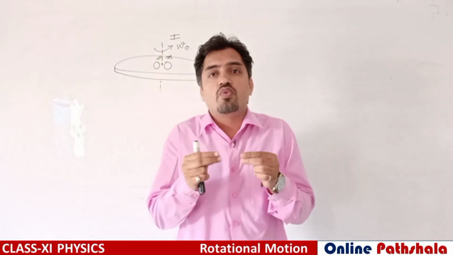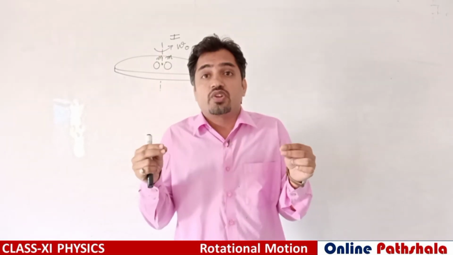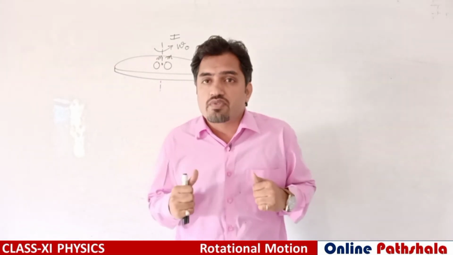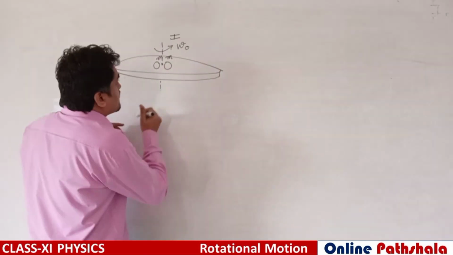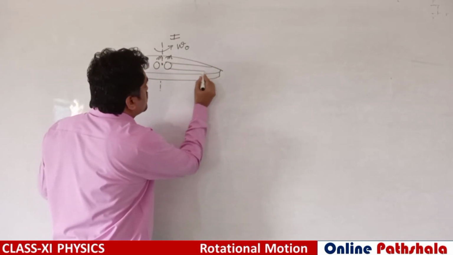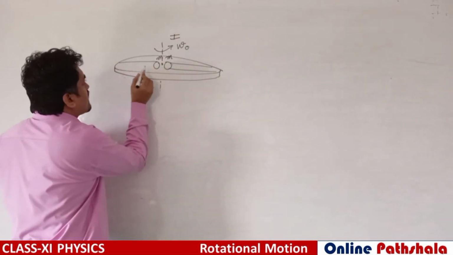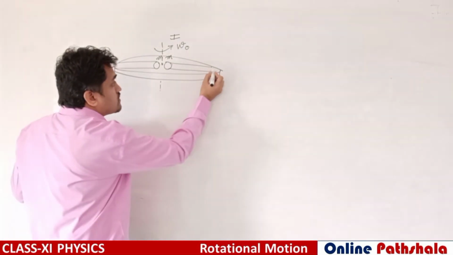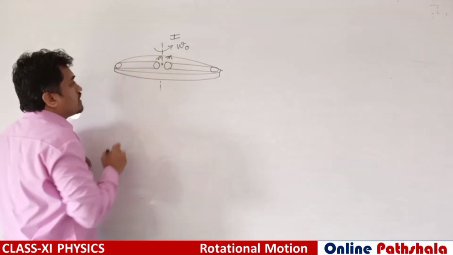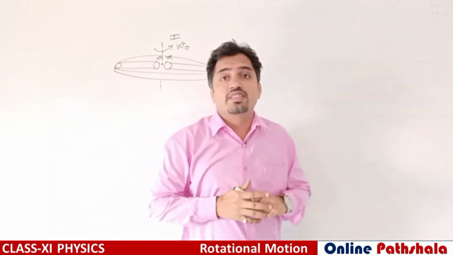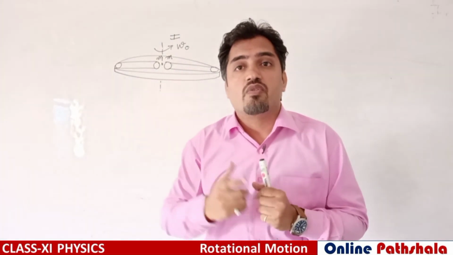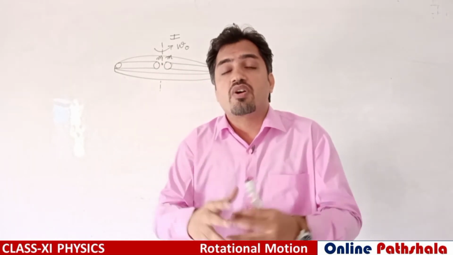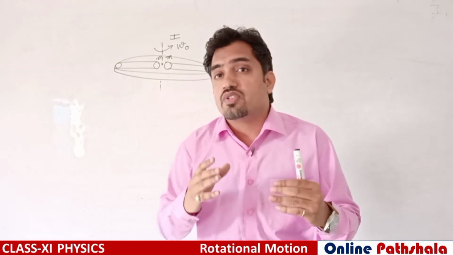These two balls will move away from the axis of rotation due to the centrifugal force. Let us consider some canal or groove in which these two balls can move. When these two balls reach up to the circumference, up to the rim, what will be the angular velocity? This angular velocity will change because of the conservation of angular momentum.